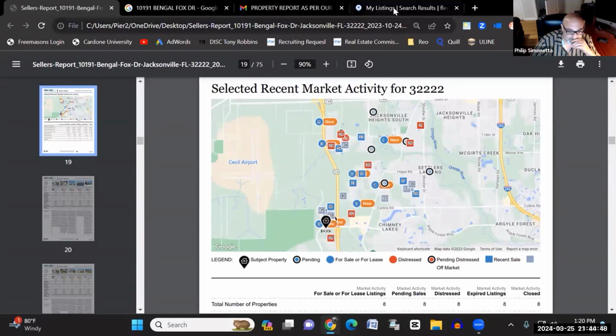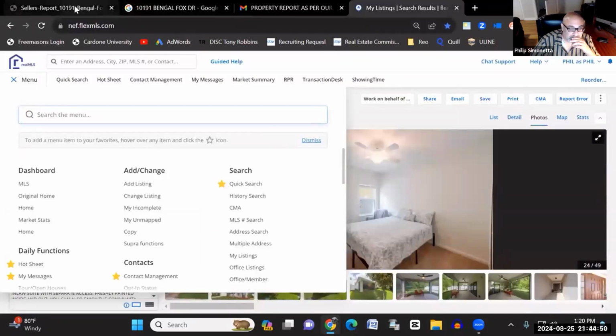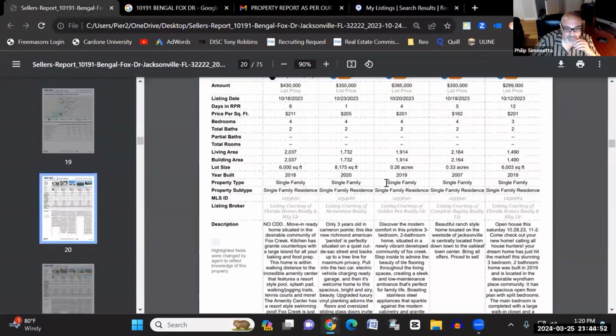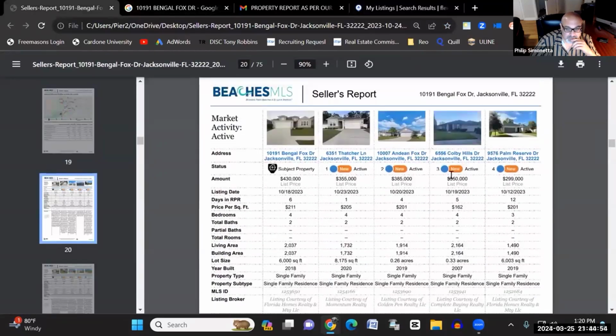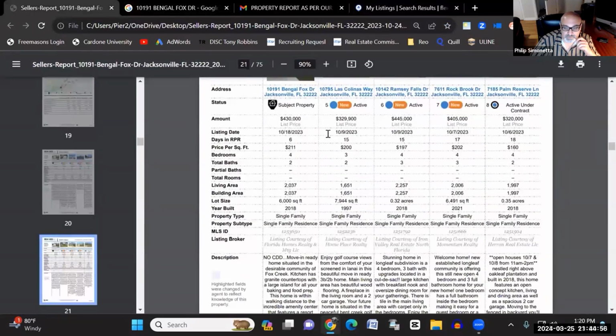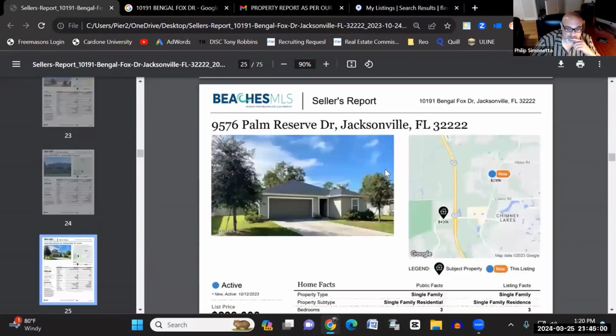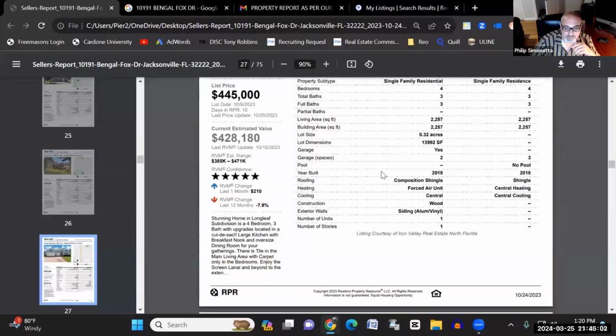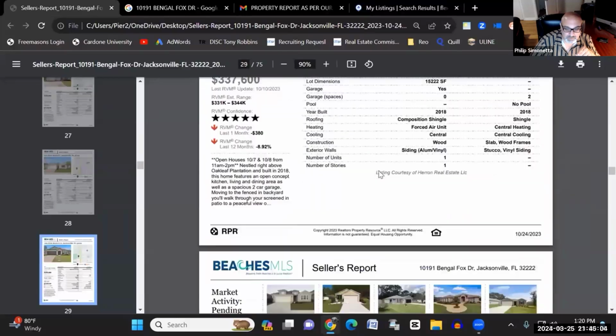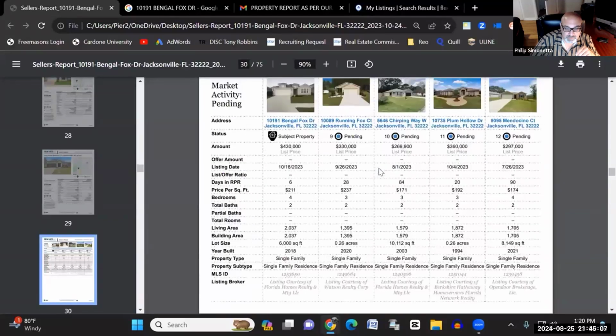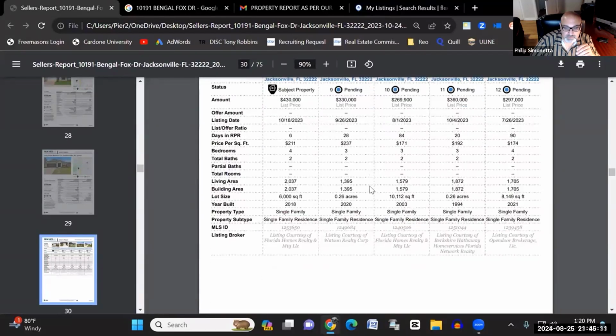35, 18, 39. Let's go back and look at those. Give me a second. See, what this does is break down every property that's out there like yours, and what they're comparing them to. So I want to get down to 35, 36, and 19.